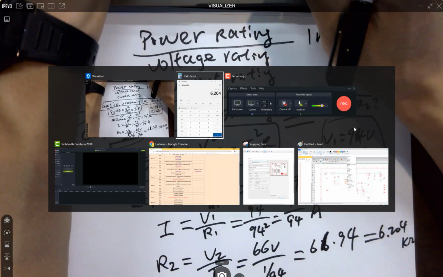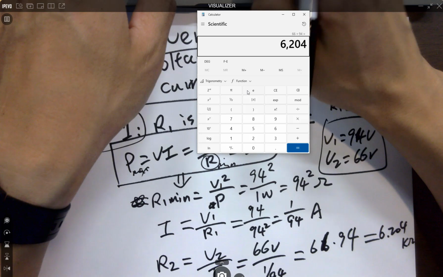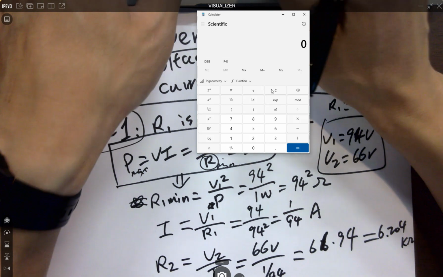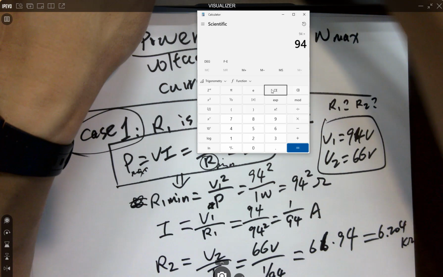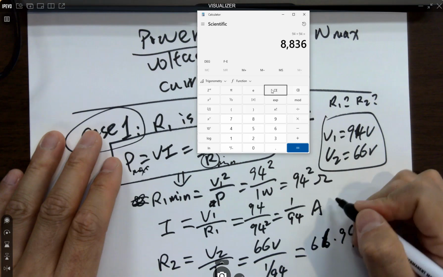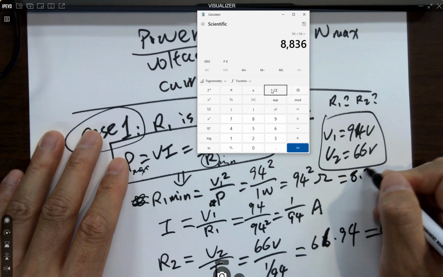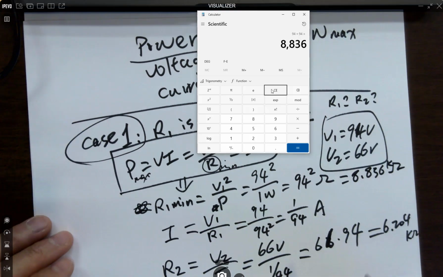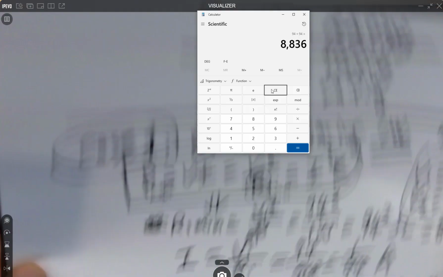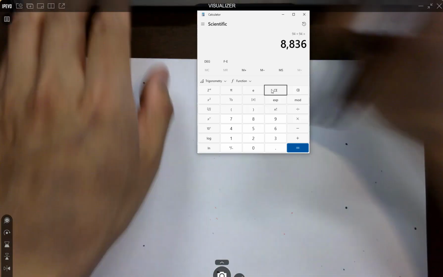Let's do it. 94 times 94, 8.836 kilo ohms. Okay, just leave it there. Then we go forward to find out the other case, if R2 is consuming 1 watt.